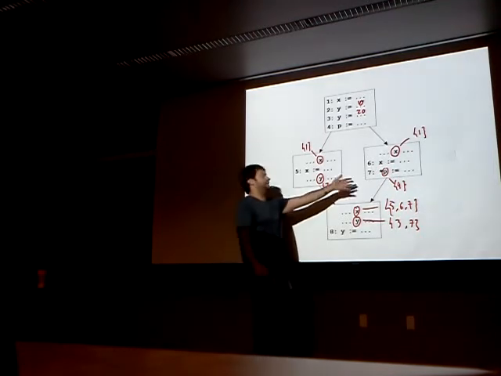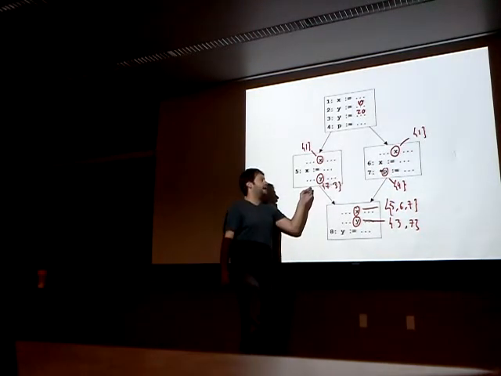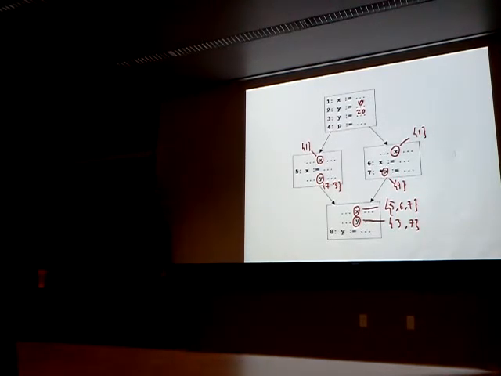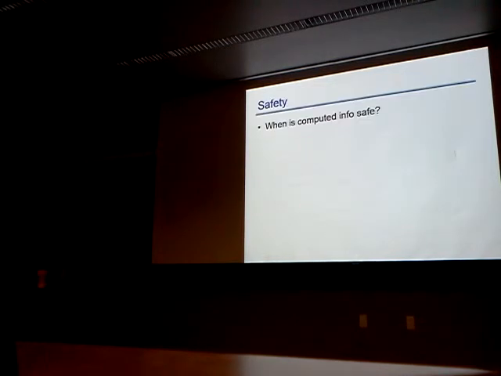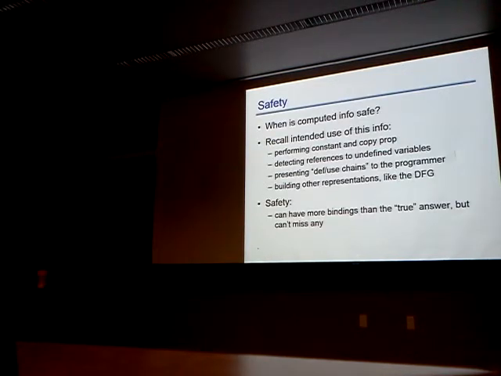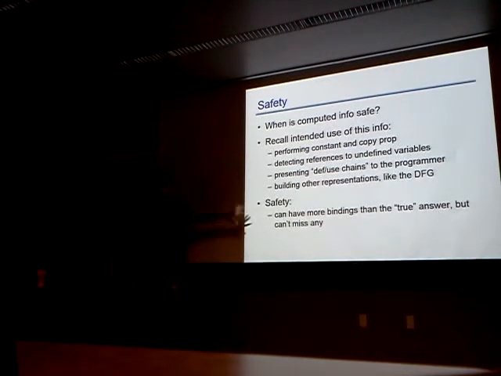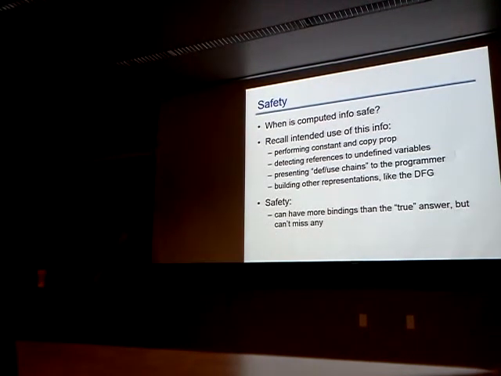Of course, there's no way this will happen, but that's not a bug. It's what's called an imprecision. It's not going to lead to incorrect optimizations. Does that make sense? So we can always have more bindings than the true answer. We can always have more things, but we can't miss any. Does that make sense? Any questions on this?